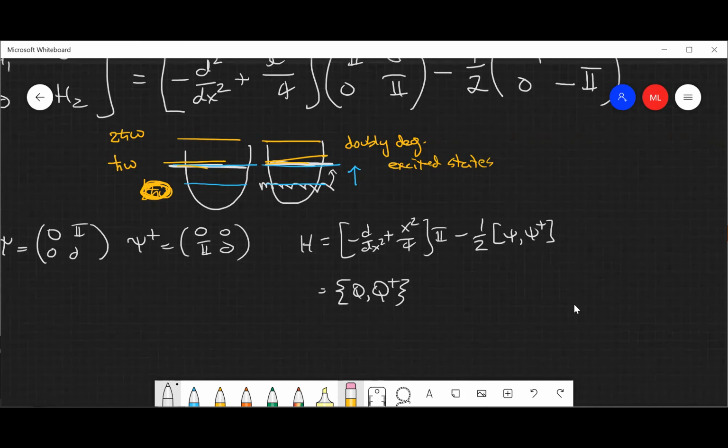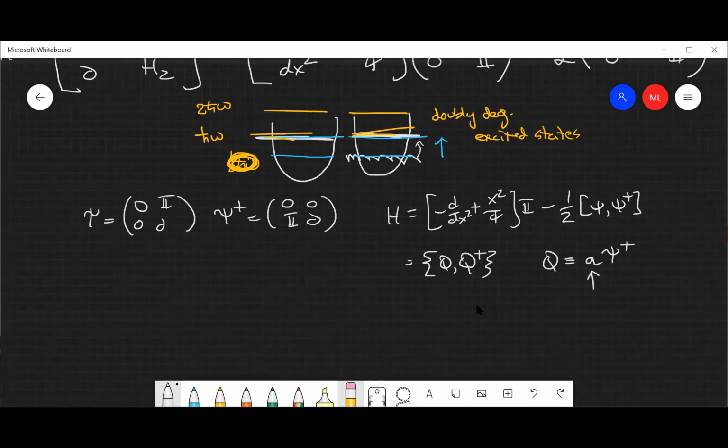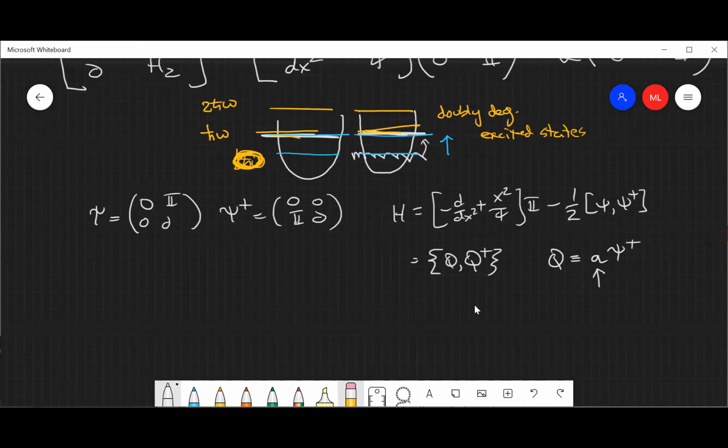what is Q? Q is equal to A, which is the annihilation operator for the harmonic oscillator, and psi dagger. And so what does this Q do?